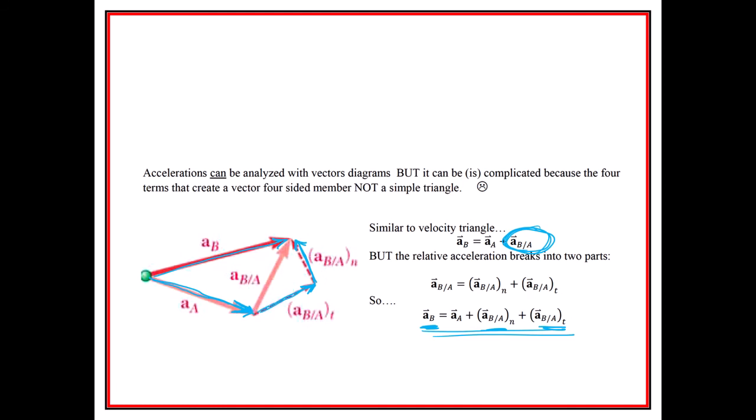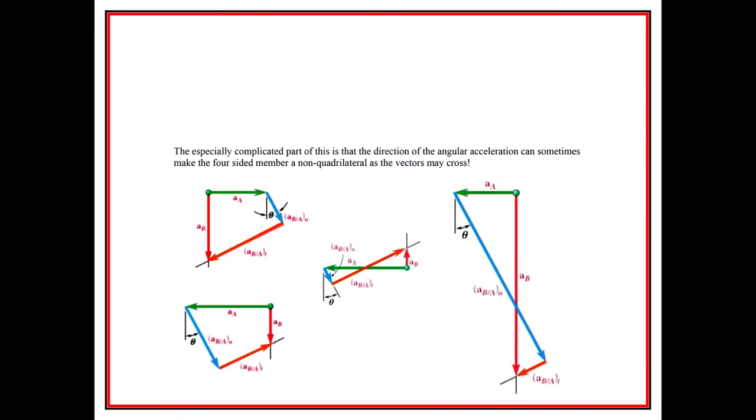Now, if you look, you see that these right here do form a triangle with this relative acceleration, because that does remain true. The problem with doing this is the confusing thing that they can cross, and they could do what we might call a bow tie, right? They don't necessarily make an open four-sided quadrilateral.